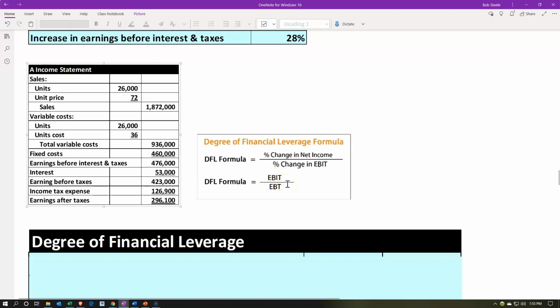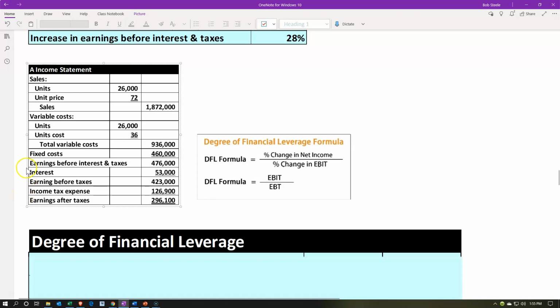Now, if you look at where these line up in terms of the income statement, we've got earnings before interest and taxes, which is oftentimes basically the operating income here. And then we have the interest being broken out, giving us the earnings before taxes only. And then we would calculate the taxes to give us the earnings after taxes.